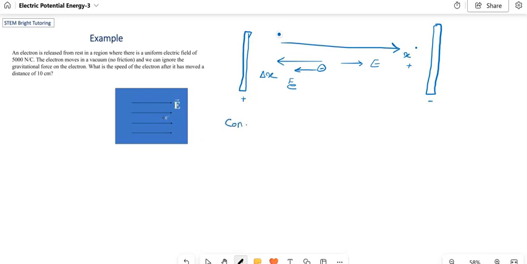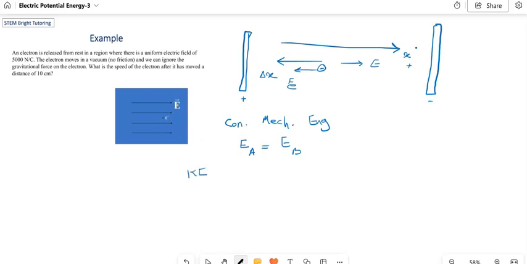Conservation of the mechanical energy. Because there is no friction, the initial mechanical energy is going to be equal to the final mechanical energy.